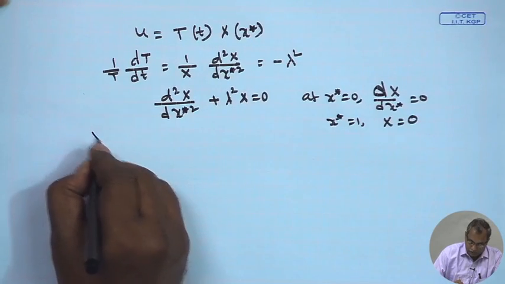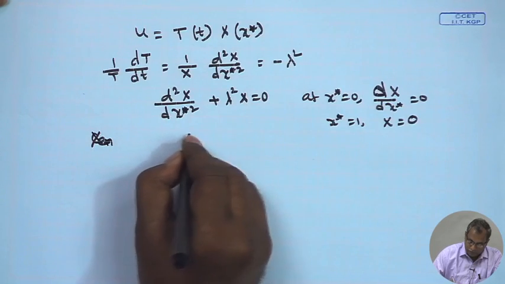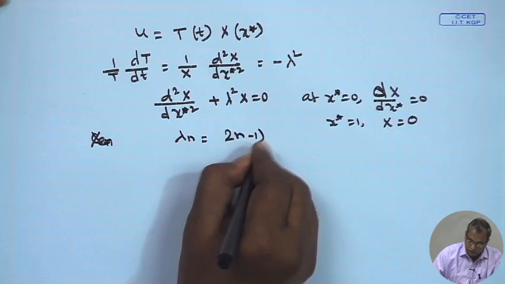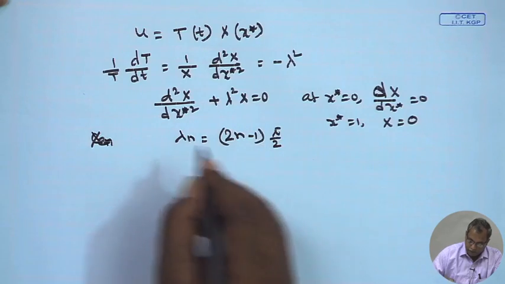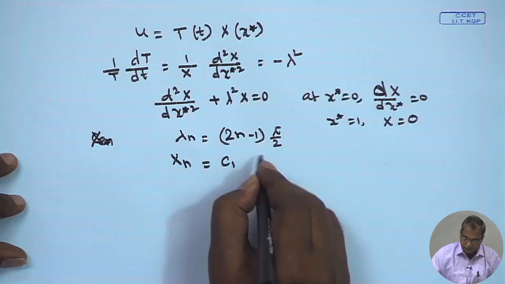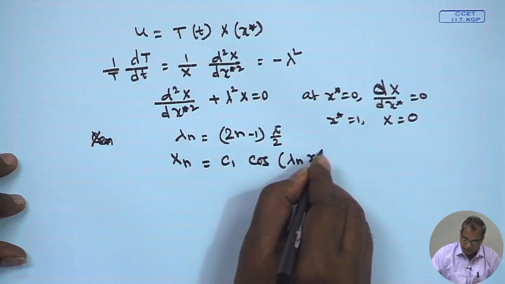Let us look into the solution. The eigenvalues will be lambda n is equal to 2n minus 1 pi by 2, and eigenfunctions X n is c1 cosine lambda n x star.